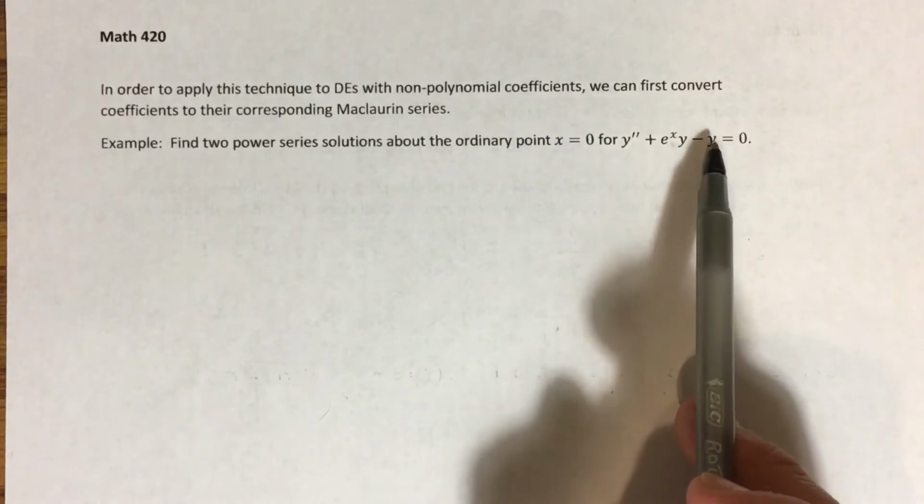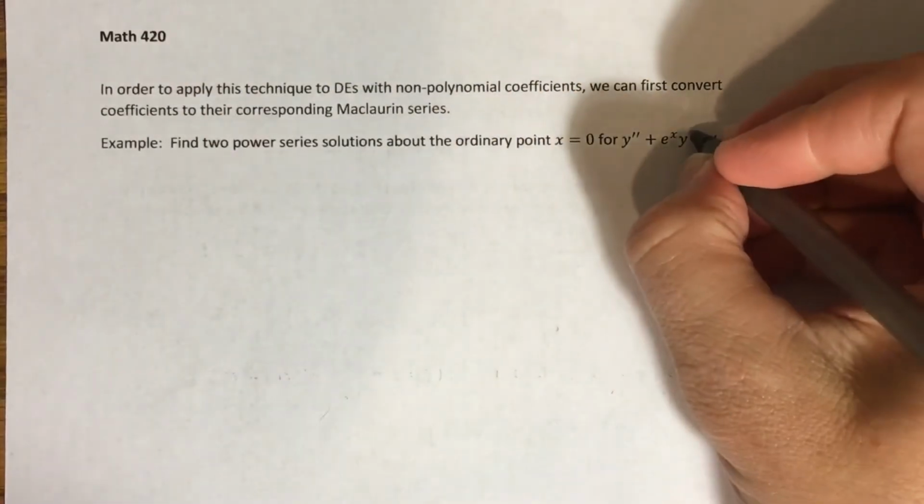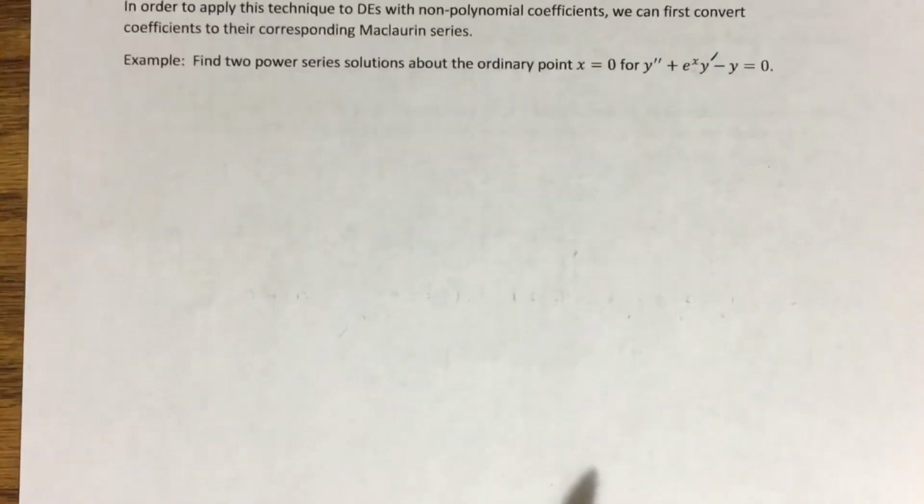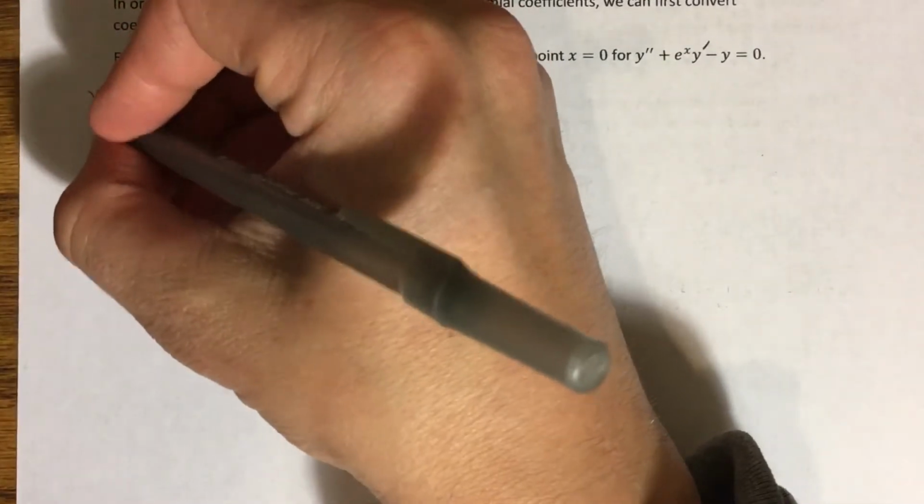So in this problem, I have a y, a y prime, and a y double prime, so I'm going to need all three of those laid out.